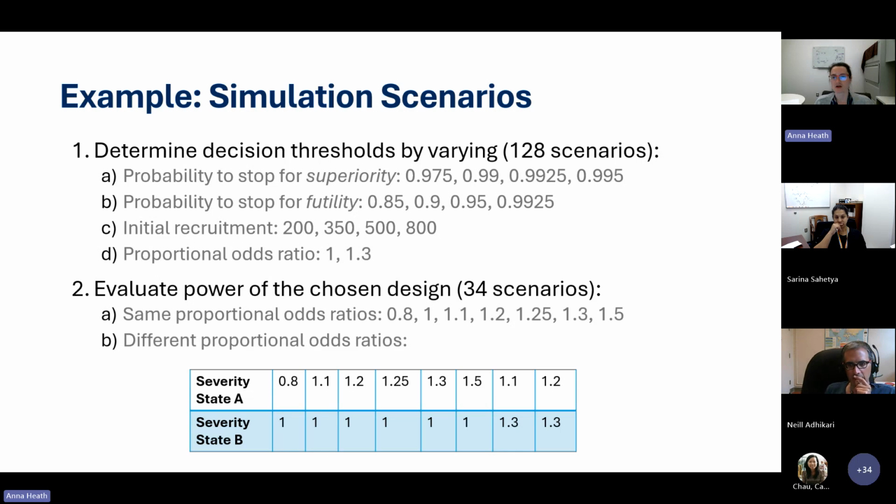And this actually gives us 128 different scenarios to run, which is where the computational complexity comes in. Then once we decided on some optimal designs, we wanted to evaluate this in a lot of different scenarios.